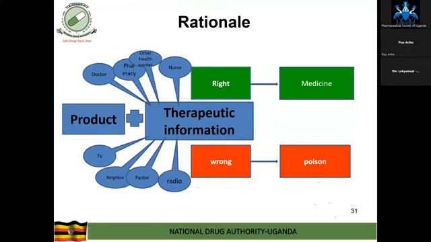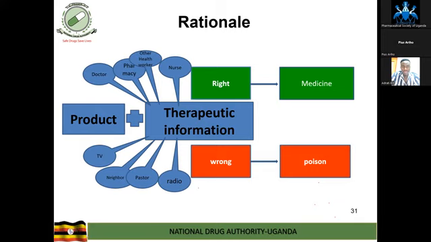And this time, the thin line can be caused by the information provided about the drug. So if you have an anti-malarial and you call it an anti-cancer, the chances are that the patient who has cancer is now receiving a poison because you have called it an anti-cancer, yet it's not an anti-cancer.